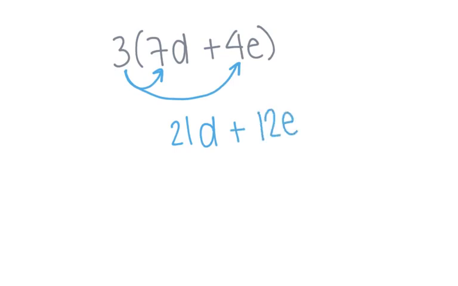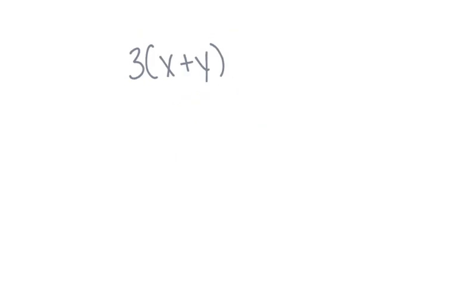So our new expression is 21d plus 12e. So now we have 3(x + y). We're going to multiply the inside terms by 3. So we're going to have 3 times x, which is 3x, plus 3 times y, which is 3y. And so our expanded form is 3x plus 3y.